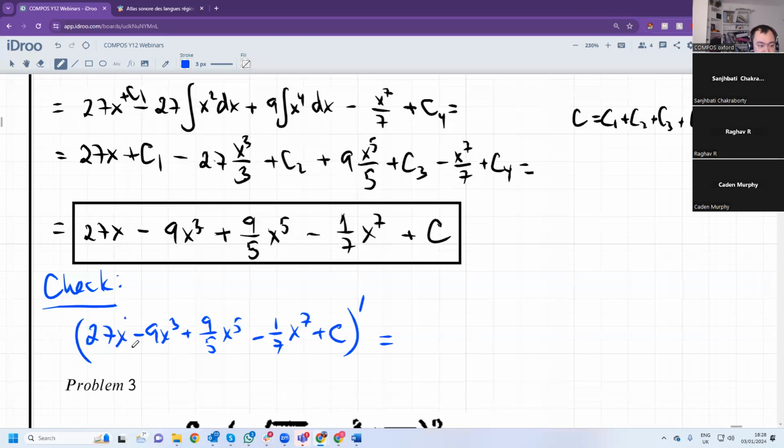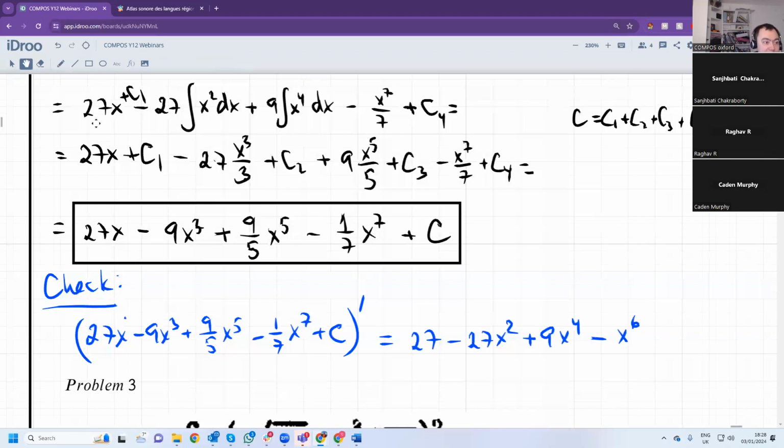And 27x, that's 27, minus 9x cubed, so minus 27x squared. 9/5 times x to the power 5: there's plus 9 times 5, so the 5 cancels, it's 9x to the power 4. Minus 1/7, so it's 7; 7 over 7 is 1, so minus x to the power 6 plus 0.